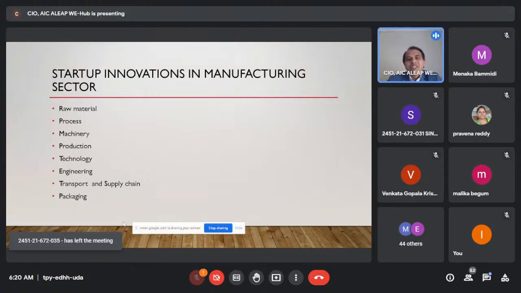You can do innovation in any of these categories or sectors, and follow the process of innovation as I have already spoken, and then come up with the best products by considering that it should be a radical one, or a sustaining one, or a disruptive one, or an incremental innovation.